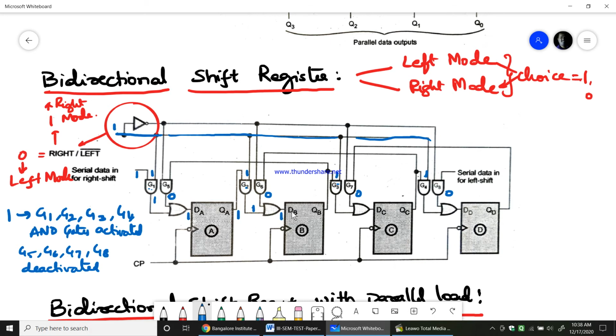Now DB is 1, press the clock pulse, DB comes to QB, where QB comes to G3 and that becomes 1, 1 ORed with 0 is 1 and DC becomes 1. See, DA was 1, it got shifted to DB, and that DB got shifted to DC, and that DC will now get shifted to DD.